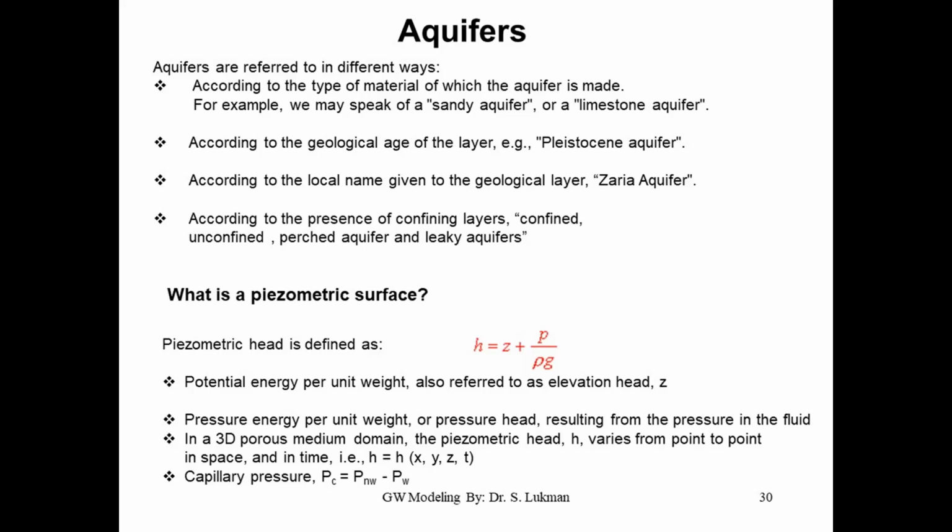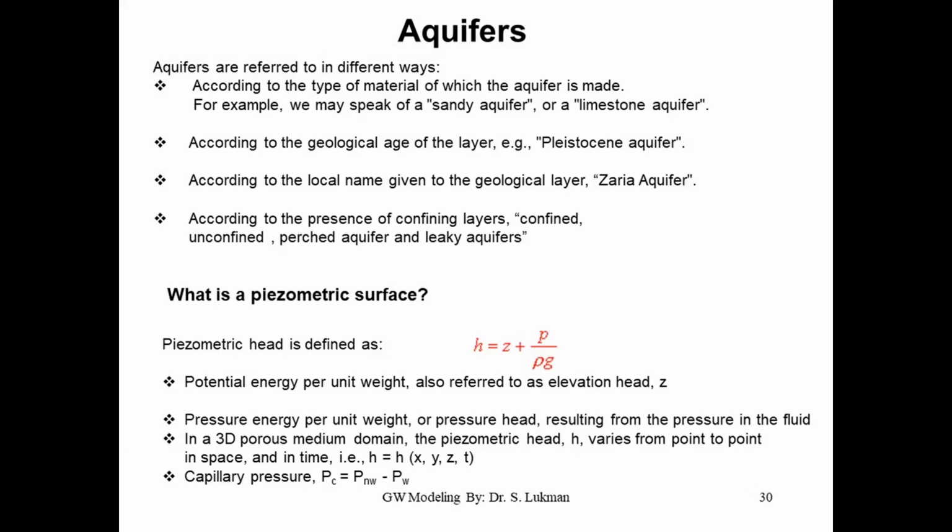Okay, now the piezometric head is given by H equals Z plus P over rho G. That is exactly what was defined by one of you yesterday. But then this morning, all of you have forgotten. Z is the elevation head. P over rho G is the what? Is the pressure head, isn't it? It is the pressure head.